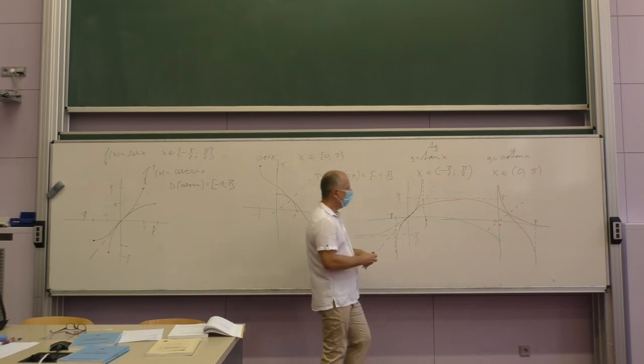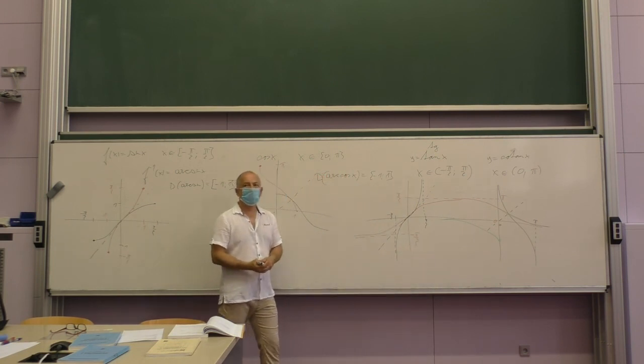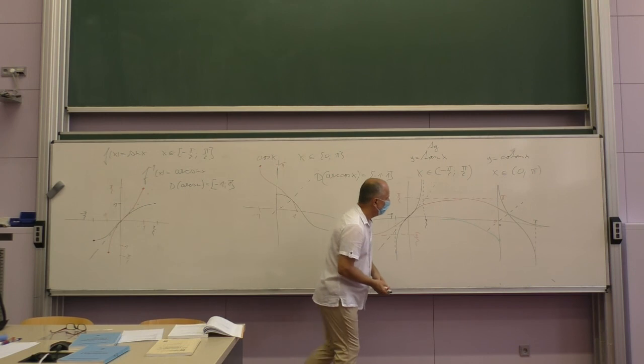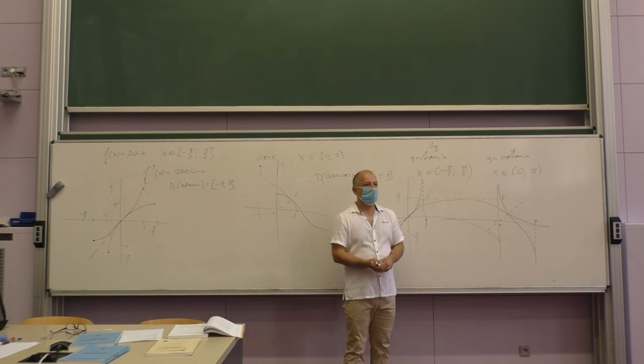So the green graph is the graph of arc cotangent as used by Wolfram in his software products. The reason is that software by Wolfram considers numbers as complex numbers.